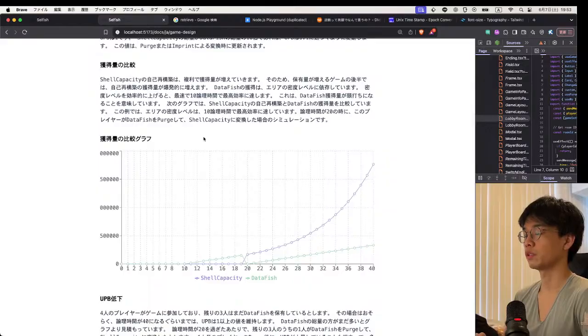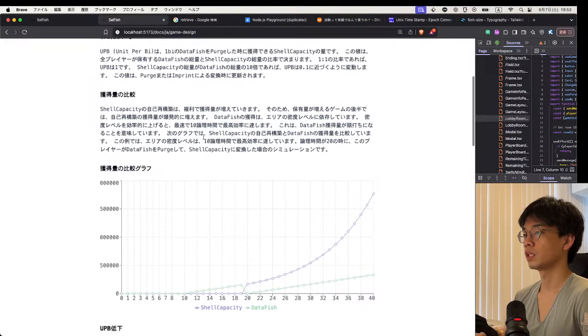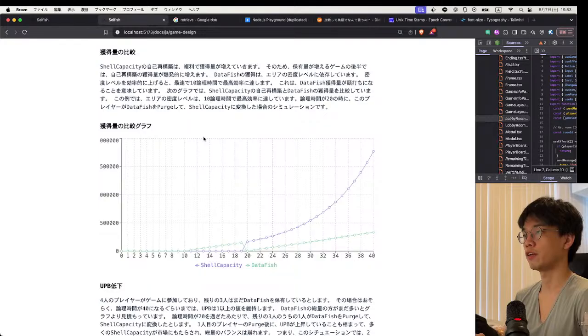If you play very well, in 10 logical time the density level is going to reach max level, and then the data fish is going to increase at the most efficient level.